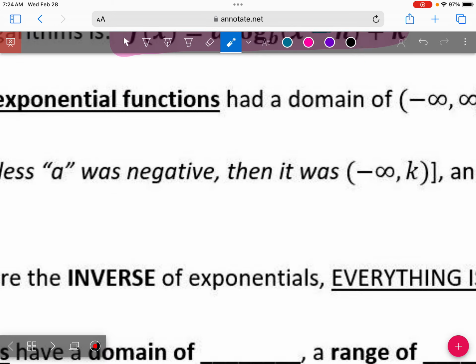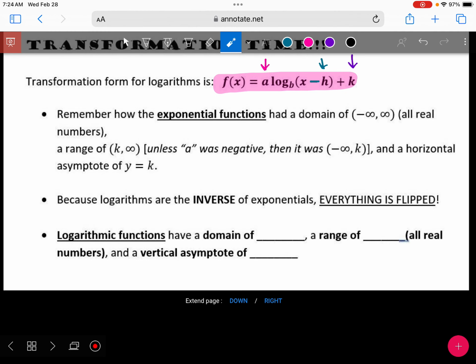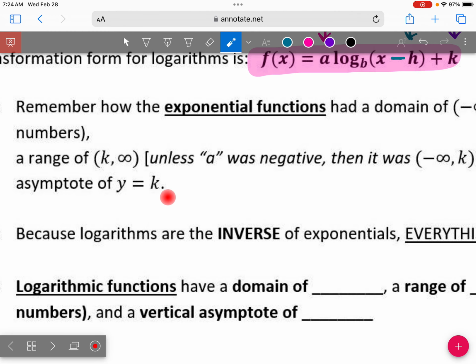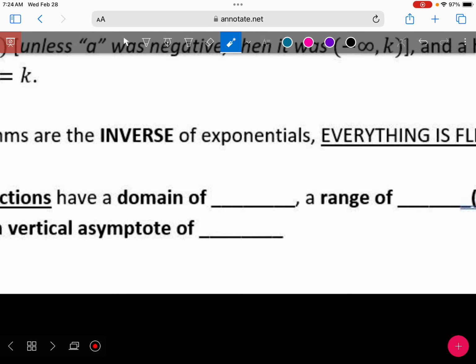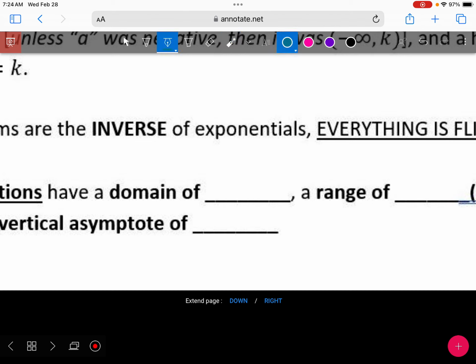And because we always had a horizontal asymptote of y equals k in exponentials, because it is the inverse of exponentials, we're going to wind up with a vertical asymptote of x equals h. So just like it was always y equals k, this is always going to be x equals h.